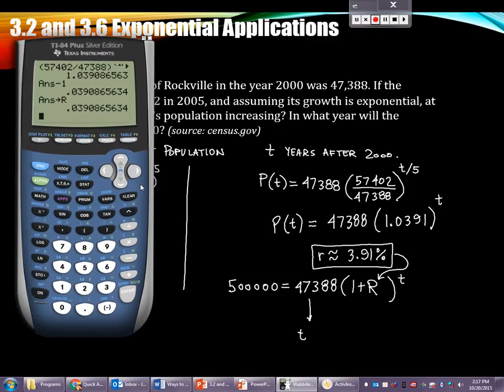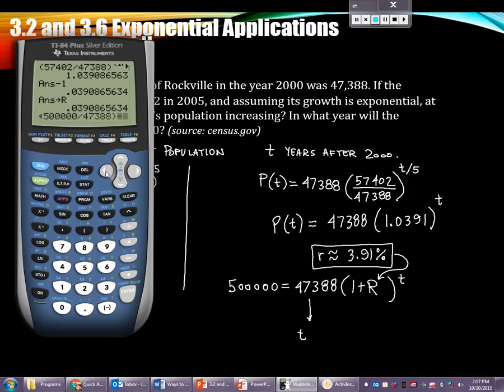So what do we get? What do I need to do? Log of 47388. Oops. I'm just trying to solve this all on my calculator here. Does that work? And then minus 1?